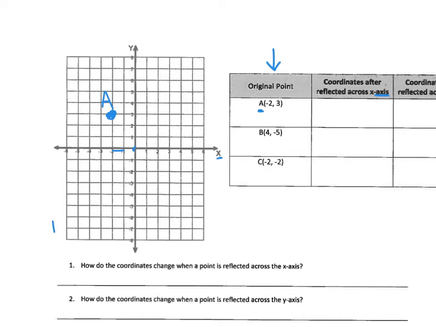So I'm going to end up down here in quadrant 3. All right, so to get there, we're going to go over 2 and down 3. Okay, so I'm going to call this A prime, and then I'm going to write the coordinates over here. So A prime is going to be located at negative 2, negative 3.